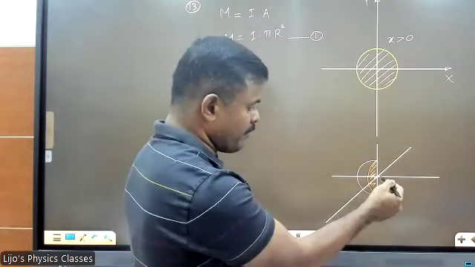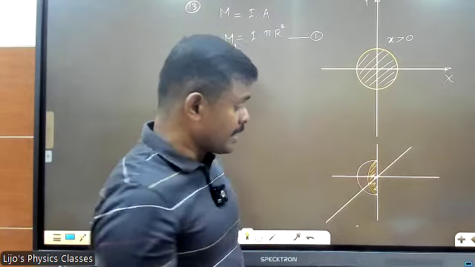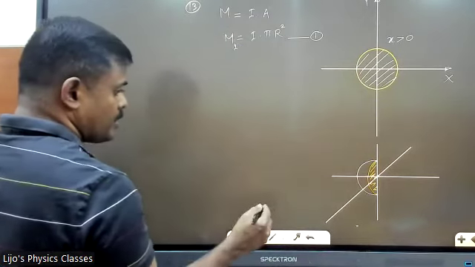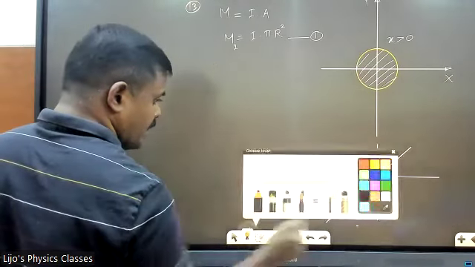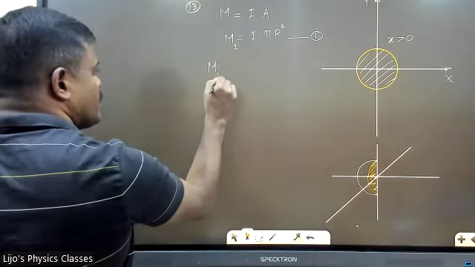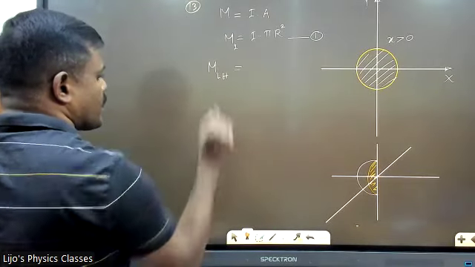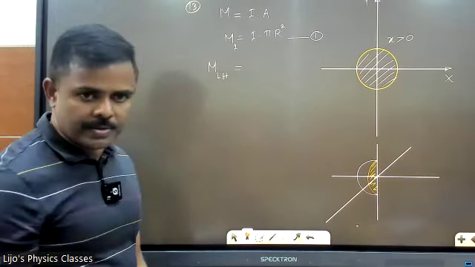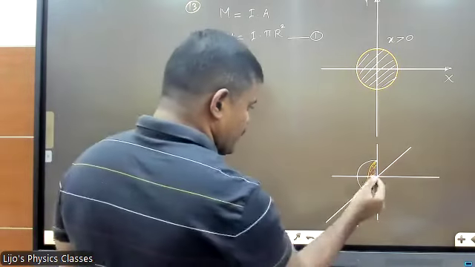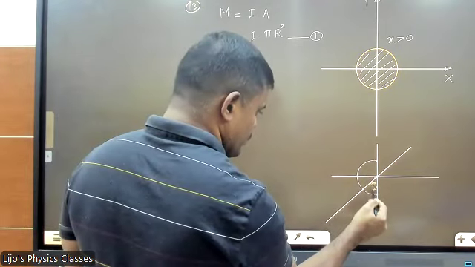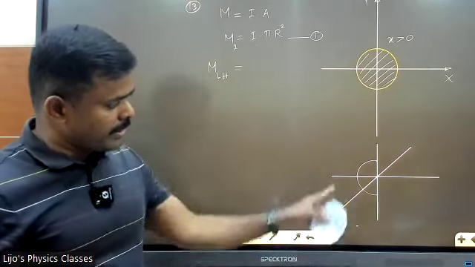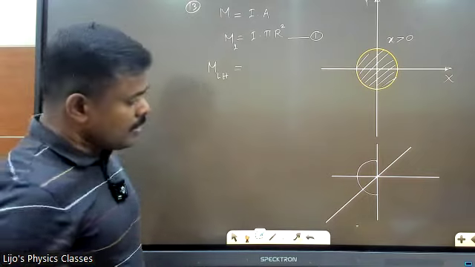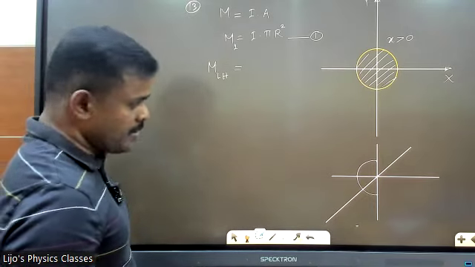For the left half, what is the magnetic moment? I'm writing M left half, MLH, magnetic moment for left half. Or we can draw it in separate figures. That would be better. You draw this figure, and then draw another one. Maybe this is in the XY plane. First one half is the XY plane.